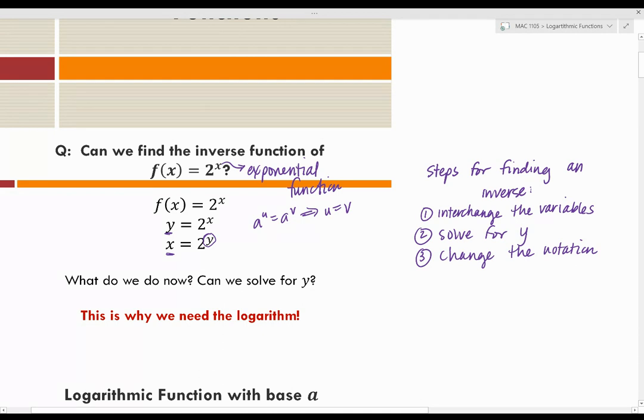Well, the base on the left-hand side of our equation is x, but the base on the right-hand side is 2. So right now, there's nothing we can do to get those bases the same so that we can use the rule that we learned previously. This is why we need the logarithm. The logarithm is going to allow us to solve this type of problem.